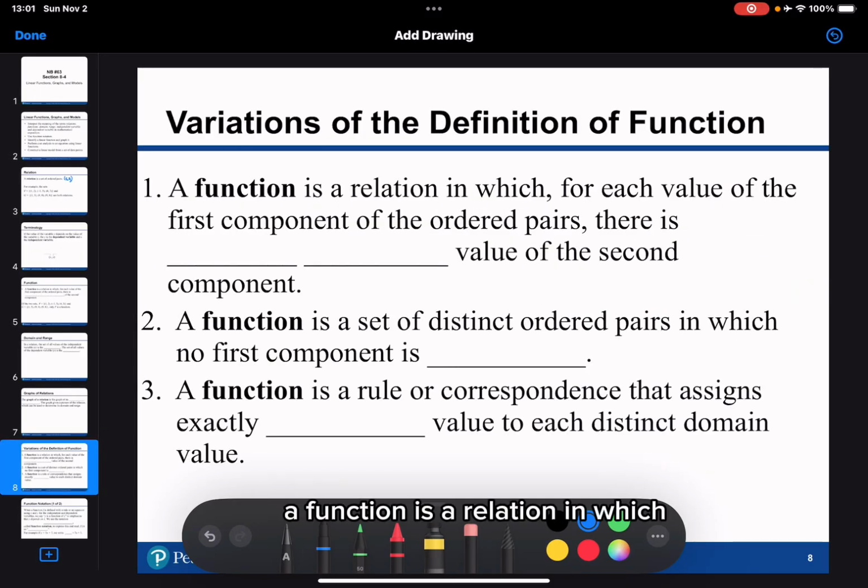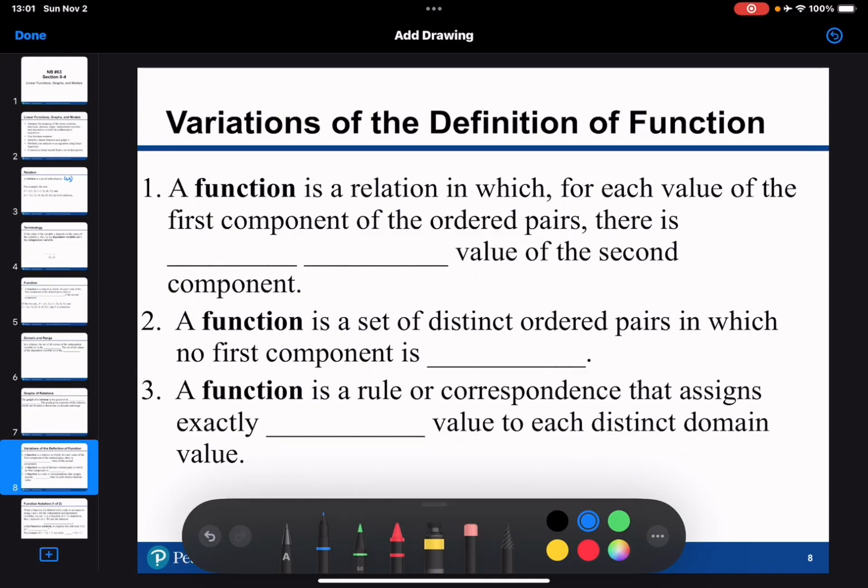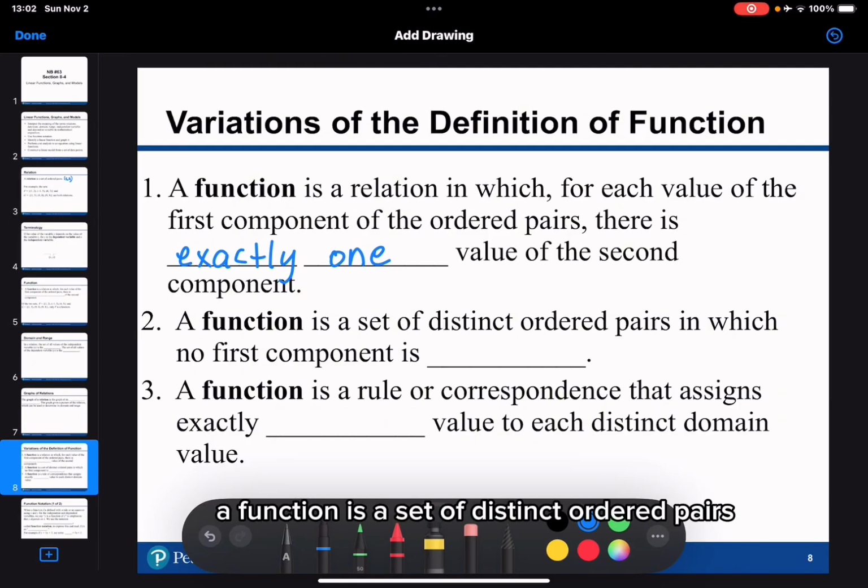A function is a relation in which for each value of the first component of ordered pairs, there is again exactly one value of the second component. A function is a set of distinct ordered pairs in which no first component is repeated. So that means the x-coordinate cannot repeat.